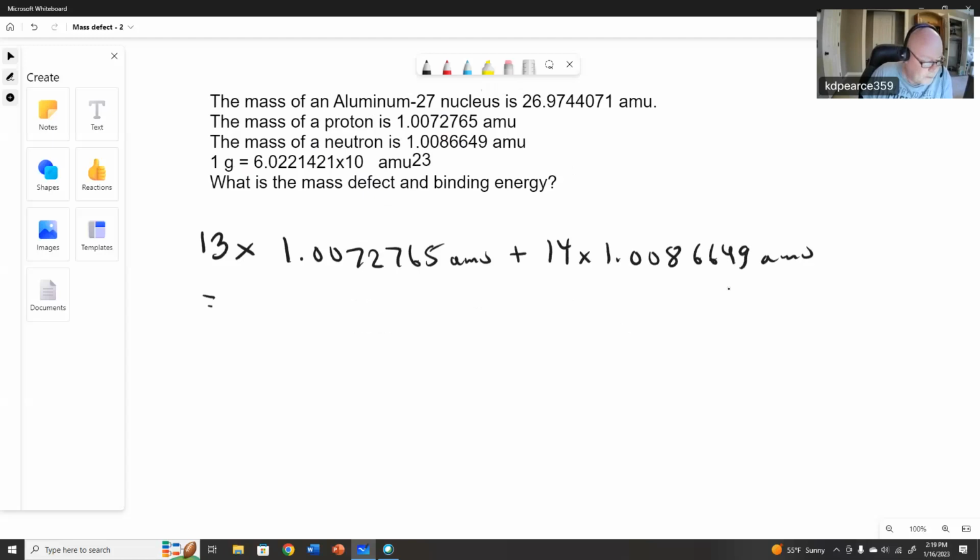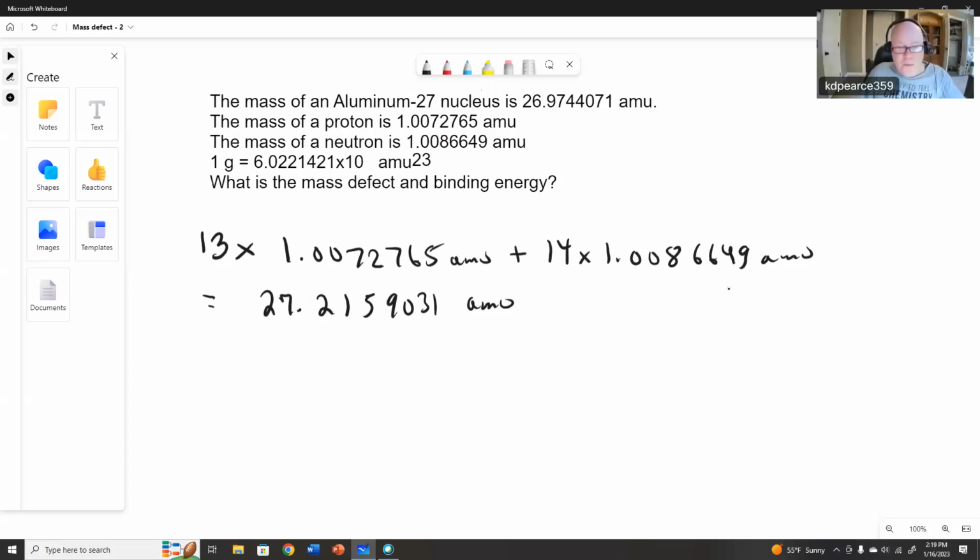And we add them up and we get 27.2159031 AMU. This is our calculated mass that we'd get if we assume that the nucleus actually weighed the same as all the protons and neutrons added up.